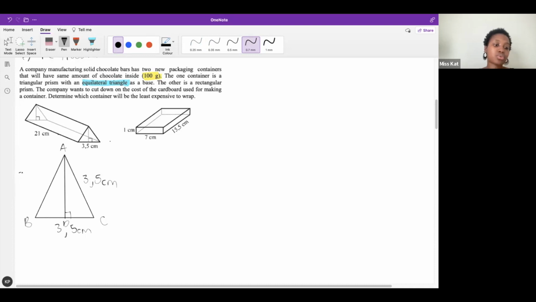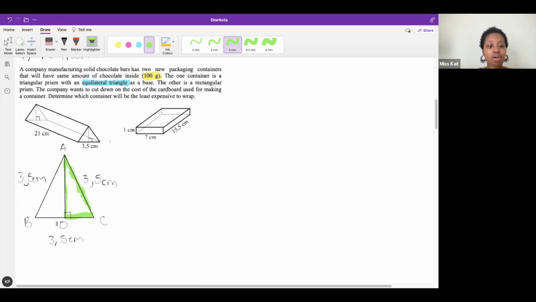And AB is also 3.5 centimeters, which we have to use for Pythagoras. Now we have to do Pythagoras, right? I'm going to do Pythagoras on triangle ADC because that's the right angle triangle. You can do it on the other one as well. That's fine. They're the exact same triangle. But this is the one I'm choosing to use.